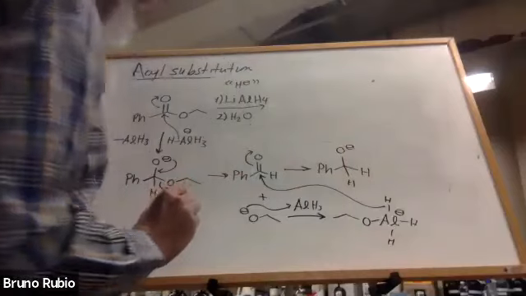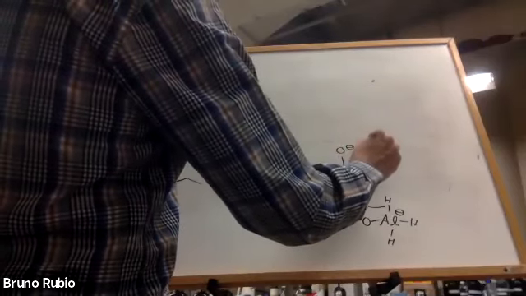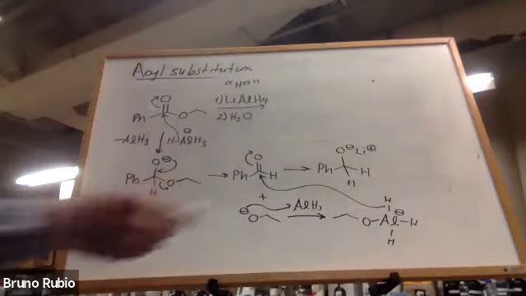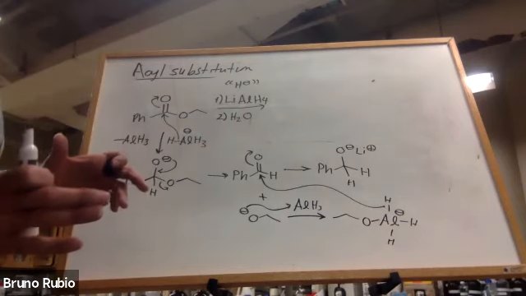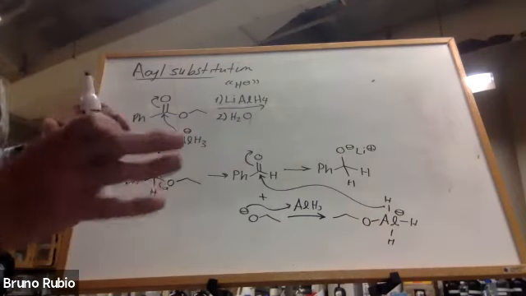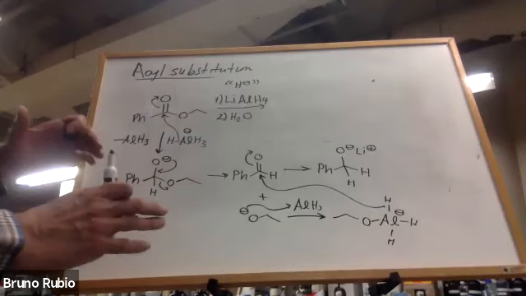And this O- is ionically associated with the lithium ion, which has been just a spectator everywhere. Okay, now step 1 is over. Right, there's no more carbonyl, there's nothing left that can react with lithium aluminum hydride.